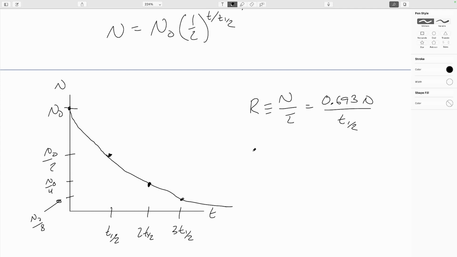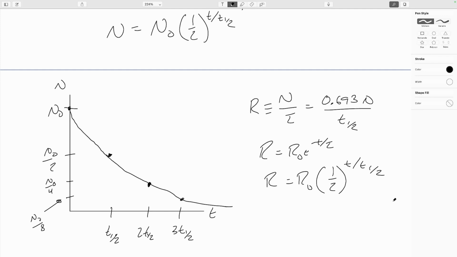And following that same logic, the current decay rate will be the initial rate times e to the minus t over tau, or more commonly, we would write it as the initial decay rate times 1/2 raised to the t over the half-life.